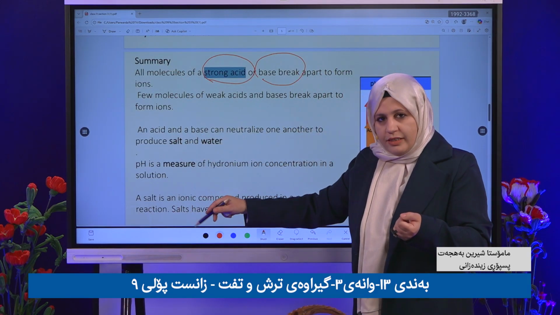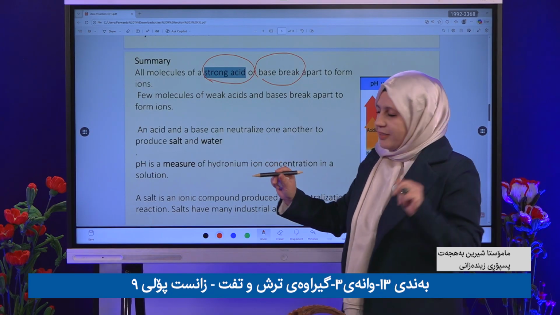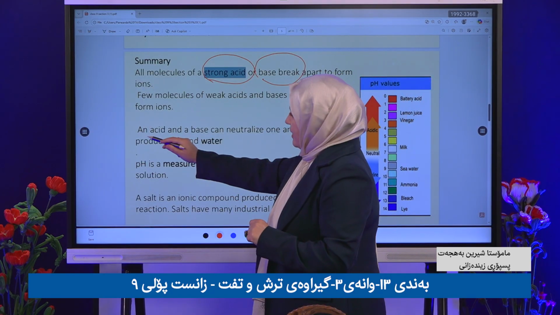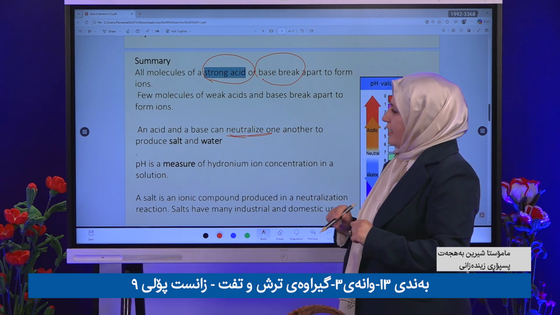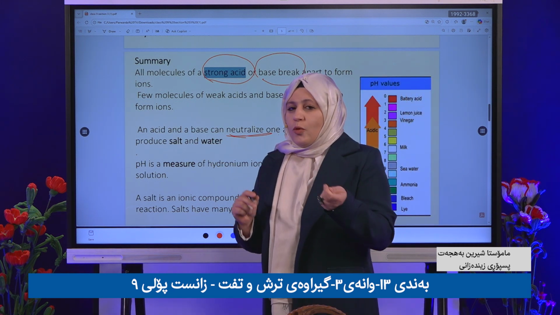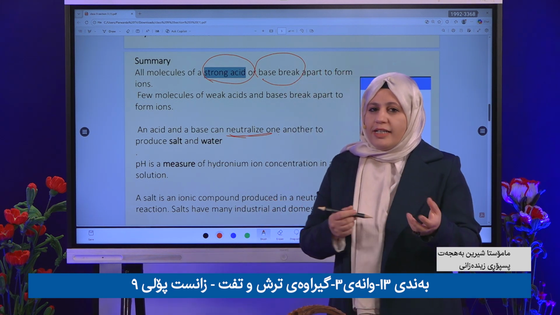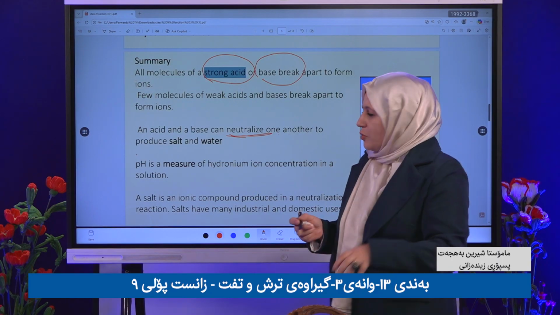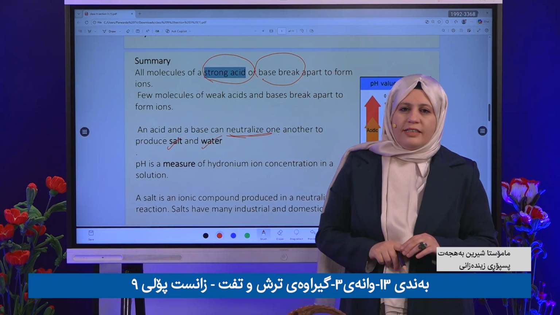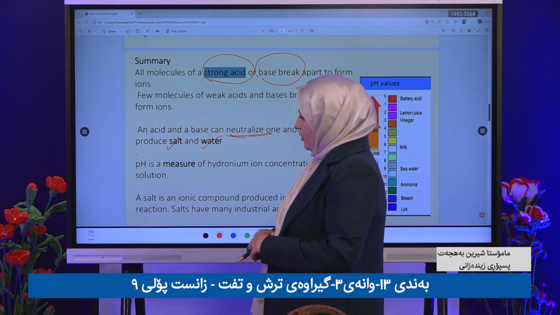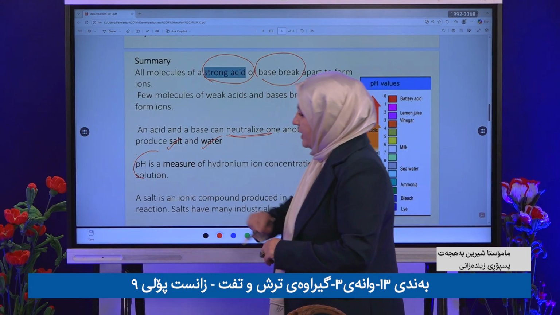The summary is very important, especially for the national exam. Clear? An acid and base can neutralize one another. When acid and base neutralize each other, what do they produce? They produce salt and water, as I explained before. This one, pH.